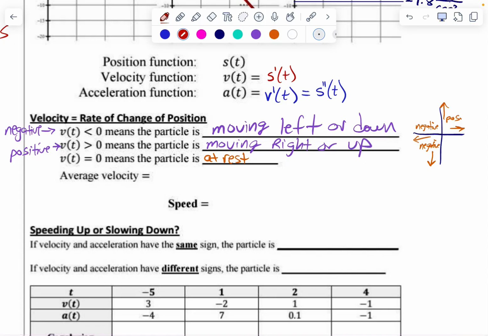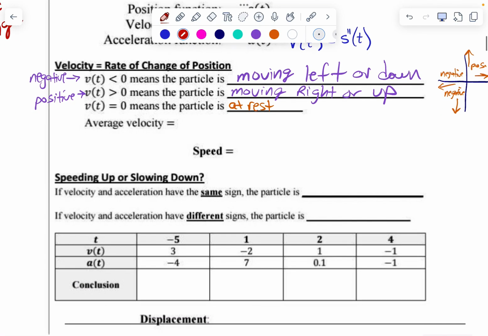Let's see if you can tell me this. Velocity is a rate of change. So this is basically saying average rate of change of particle motion, right? So what is our formula for average rate of change? You guys remember? In fact, you could just remind yourself average rate of change.